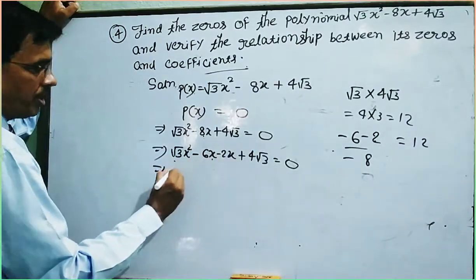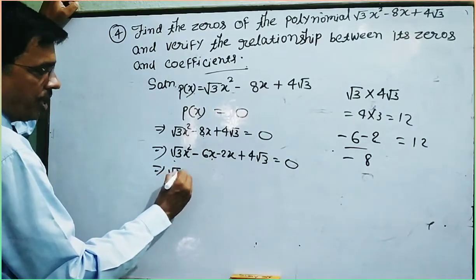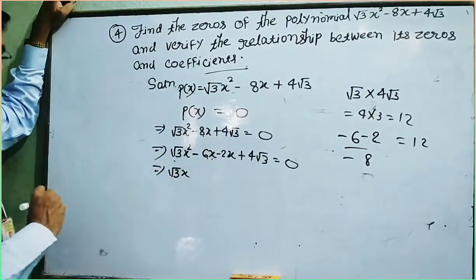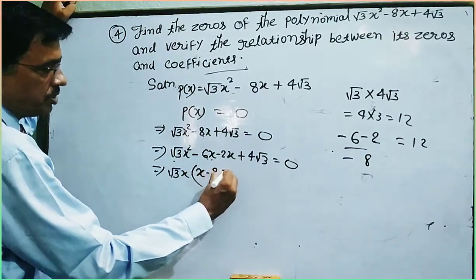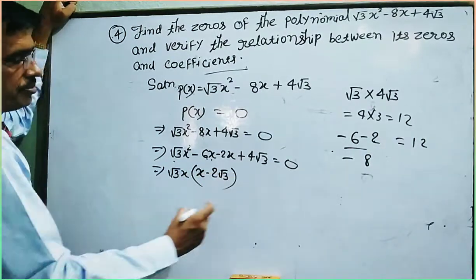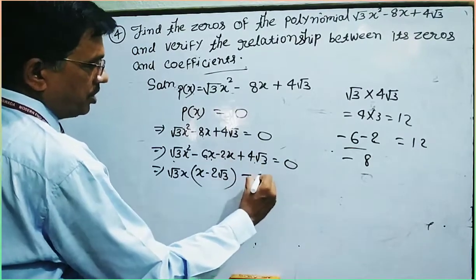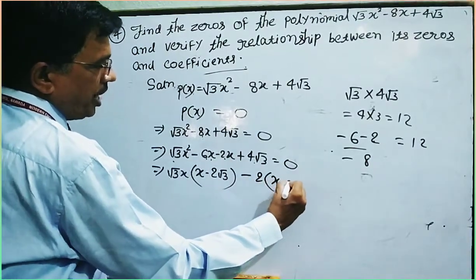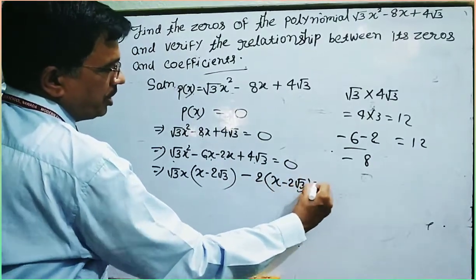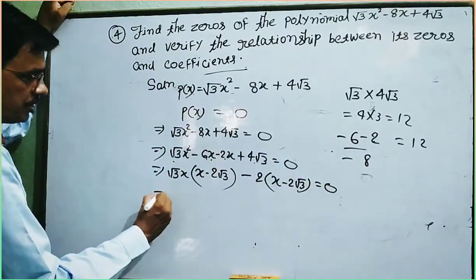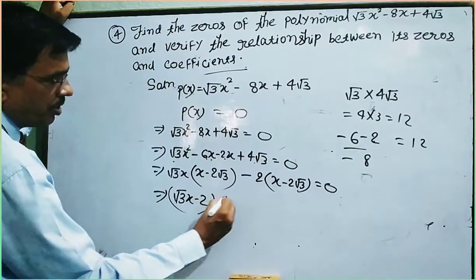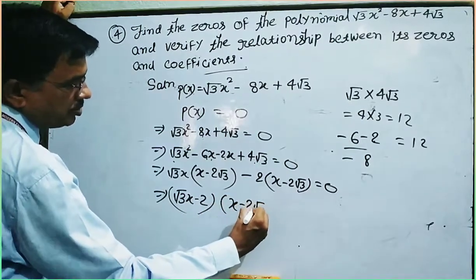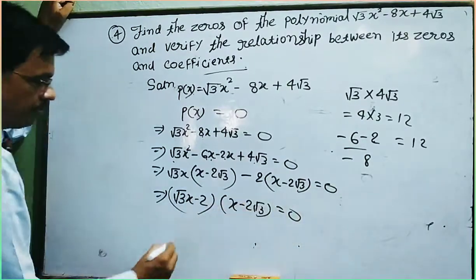What is common? Here root 3 x is common, because 6 is 2 root 3 times root 3. So here it is x − 2 root 3, and here minus 2 is common, then x − 2 root 3 = 0. So it is (root 3 x − 2)(x − 2 root 3) = 0.